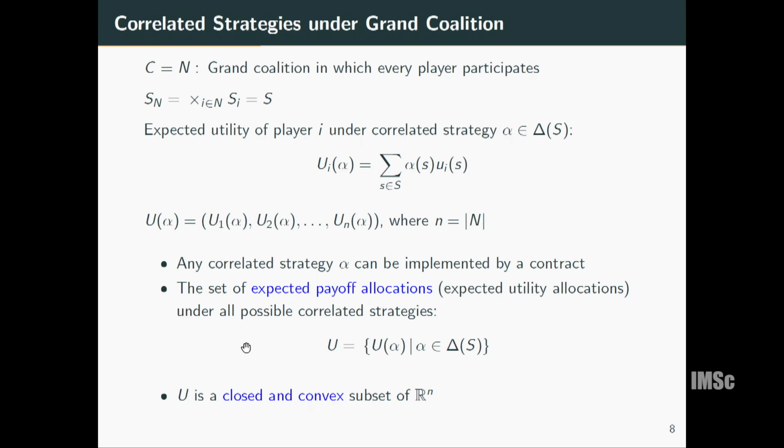Now you define any point on this line: for any lambda, you take lambda alpha 1 plus (1 minus lambda) alpha 2, and find the expected utility corresponding to that. That would be the point that you want. That's also a linear function, okay.